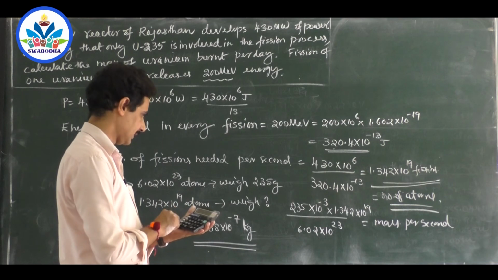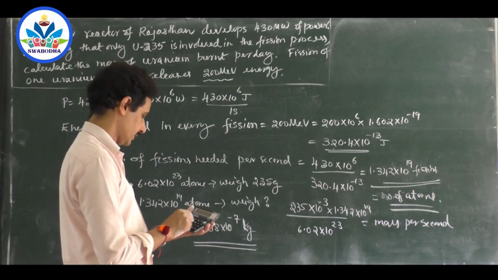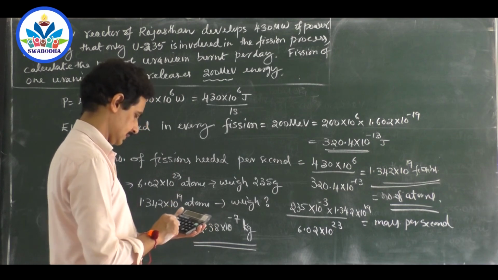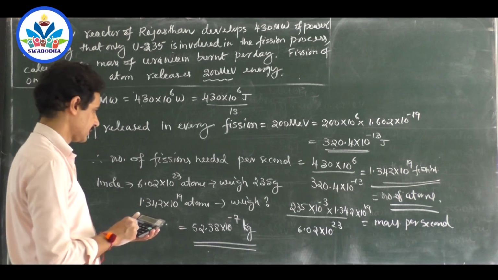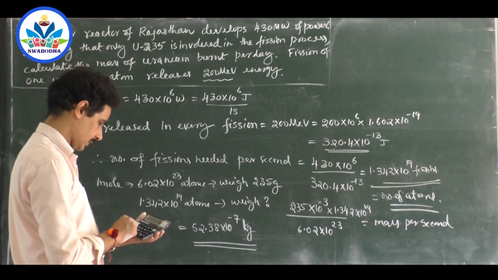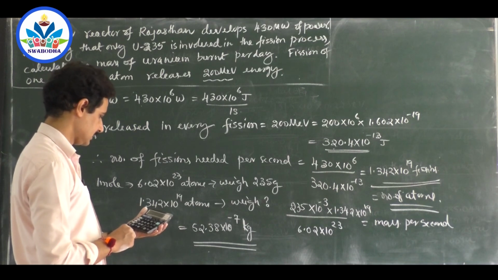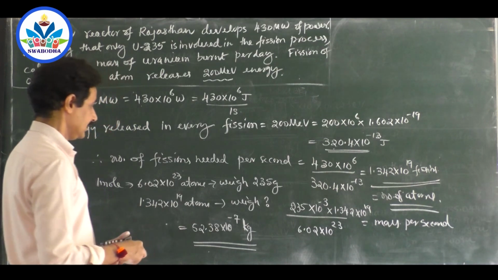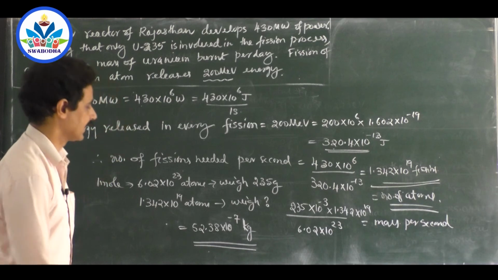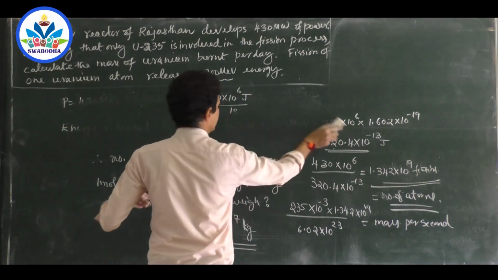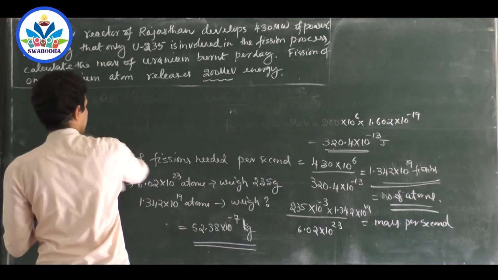I'll check it once again. 235 into 1.342, yes, that is equal to 315.37 divided by 6.02, which is 52.38 into 10 to the power minus 7 kg. This is the mass required in 1 second.